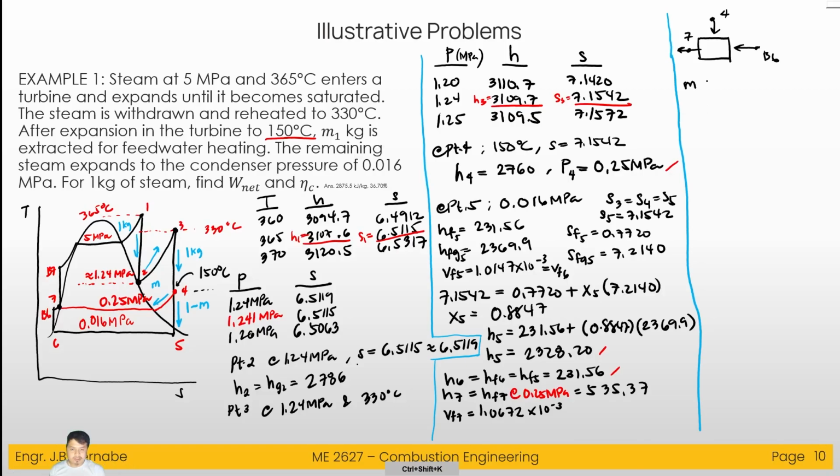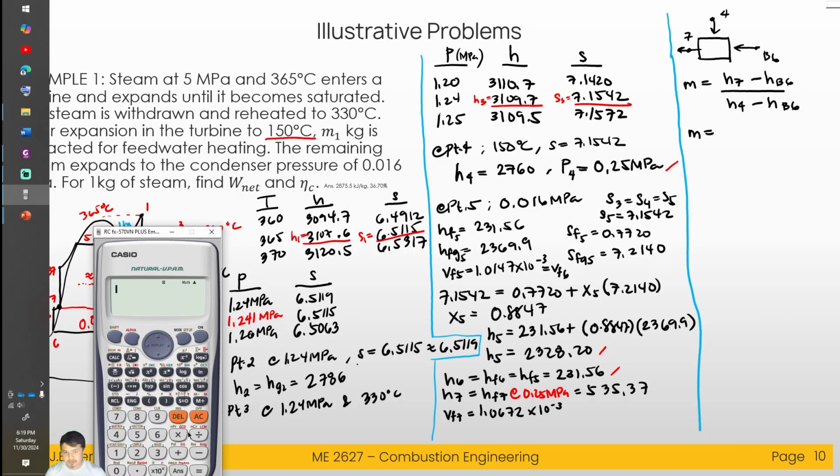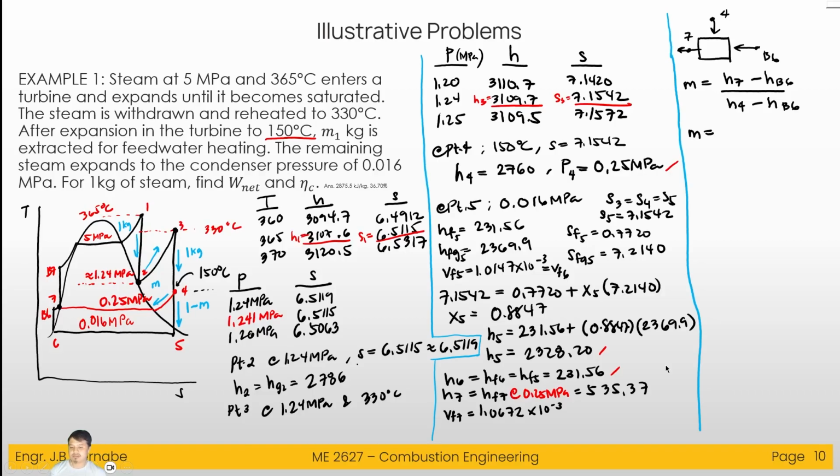So if you want to find the mass, it will be leaving minus entering feed water over the entering bled steam minus the incoming feed water, no? So we can find M here. Did we need the B6? Actually, we need the B6, so we need to solve for B6 by solving for the pump work.